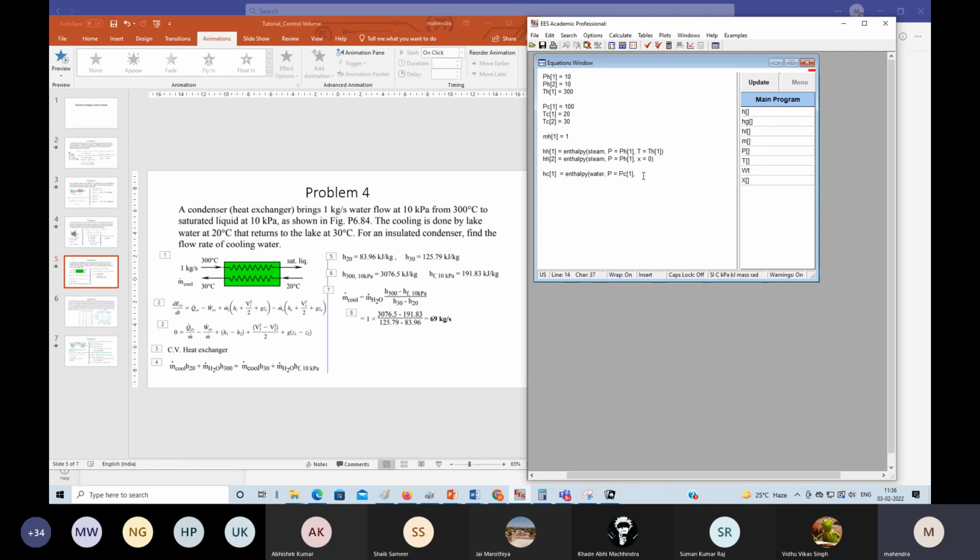Here also the pressure is the same. That way we have calculated both the enthalpies. Fine. Only thing is we just need to write this particular formula, otherwise nothing.